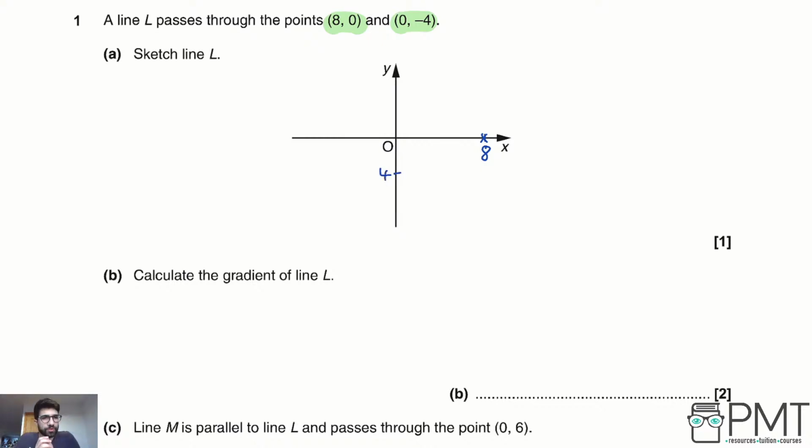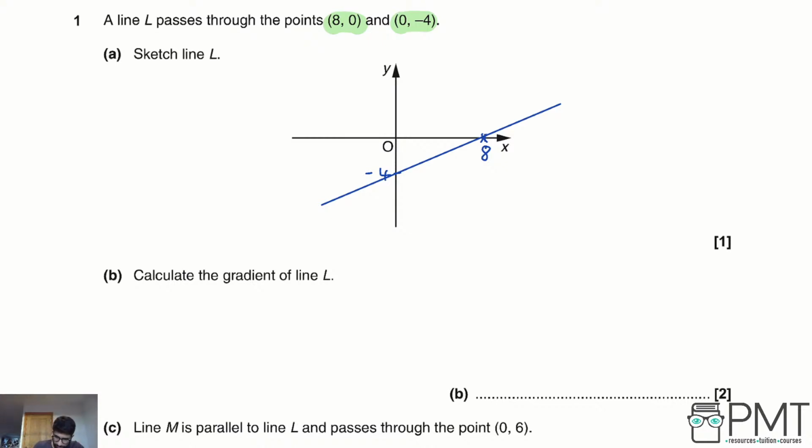It's a sketch, so it's not plotting. So I'm making it roughly accurate, but this is going to be minus 4, and I will draw a line through these 2 points. So that's going to be my sketch, and then we want to calculate the gradient of the line L.